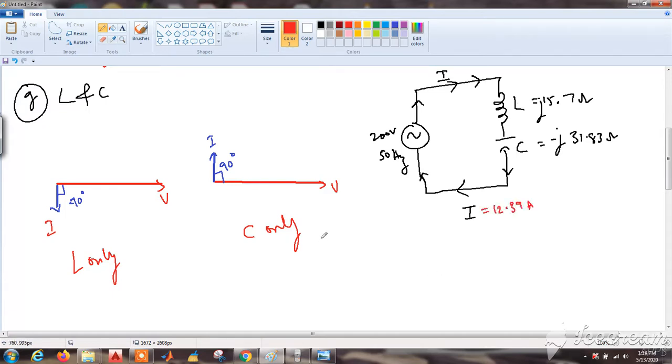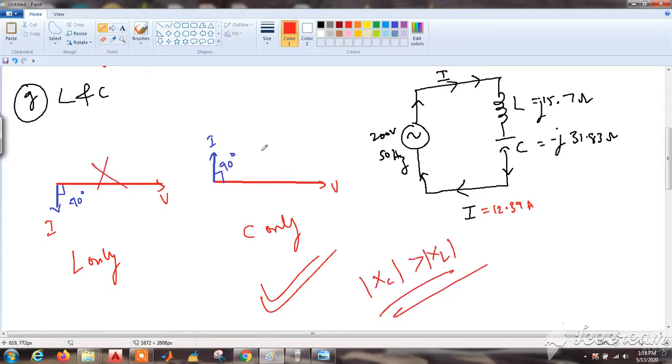So the phasor diagram will be the same as this, as XC is greater than XL. It is the magnitude of them. So this will not be the case, this will be the case.